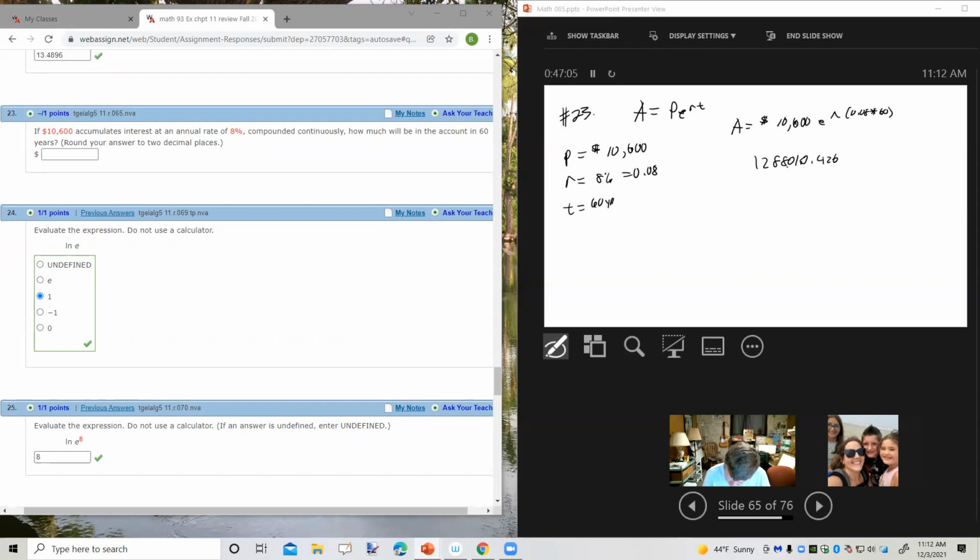Okay, so down to two decimal places here, the 6 would round up. So 1,288,010.43.